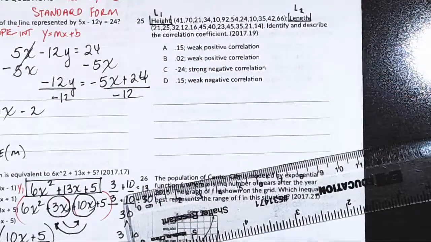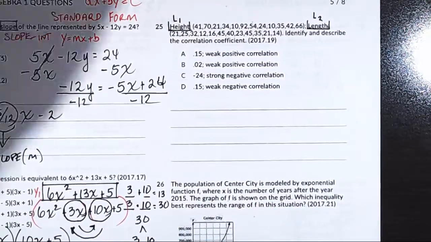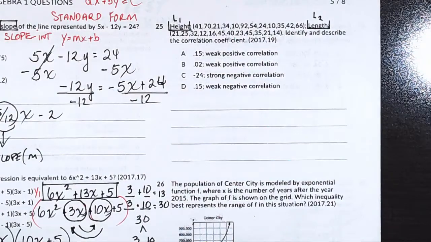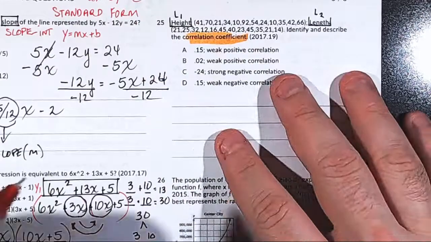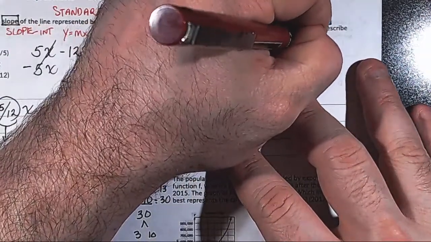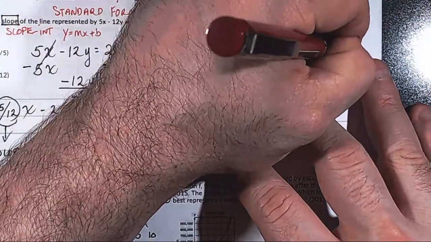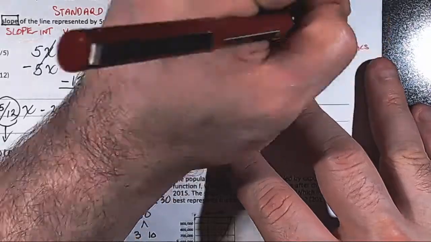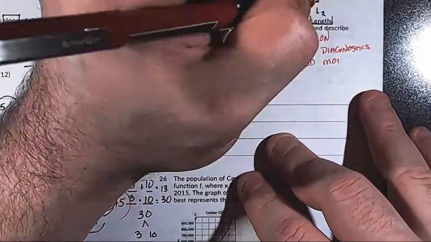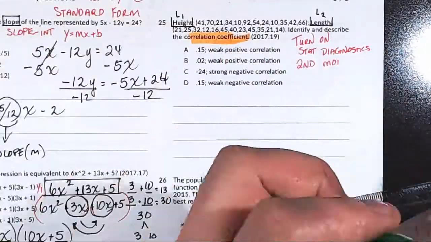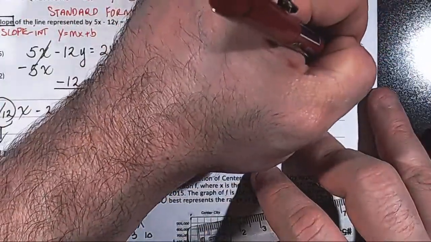Before I do that though, I need to turn on stat diagnostics. So let me show you what I mean, because when I see correlation coefficient, what I need to do is turn on stat diagnostics, and that's under mode, not second mode, just under mode, and then you scroll down and turn it on.